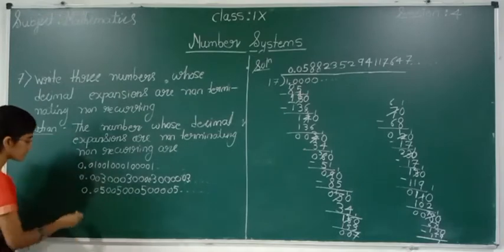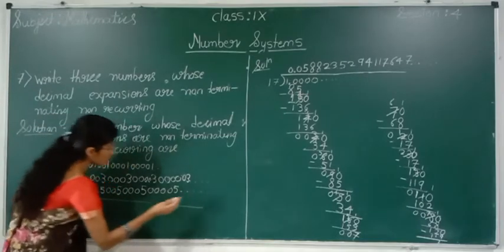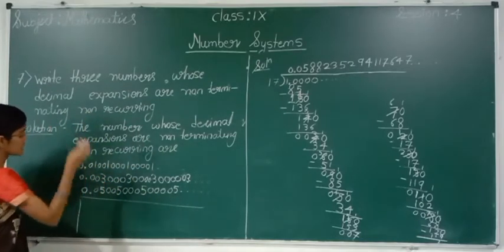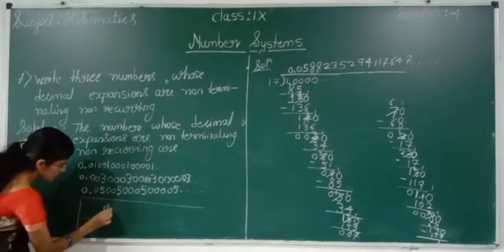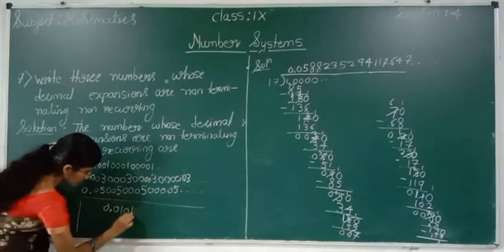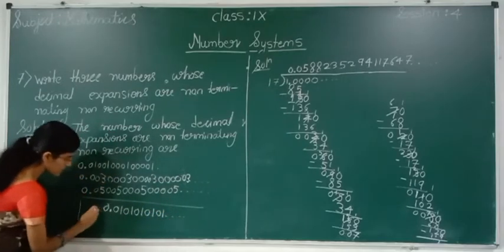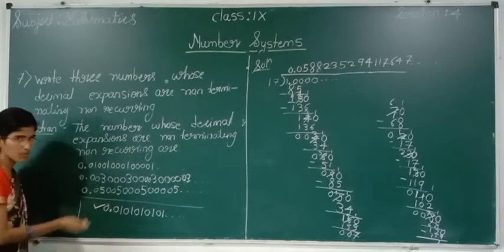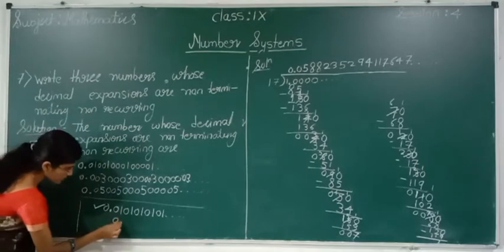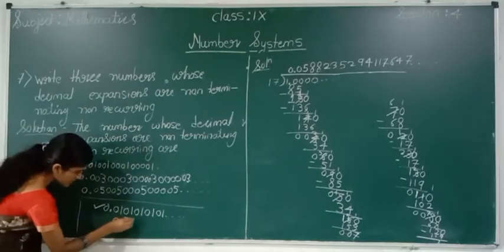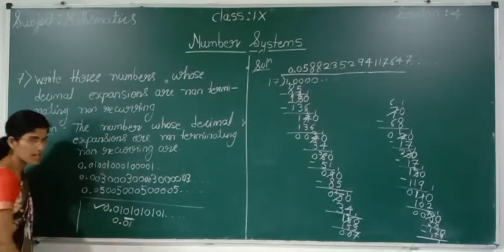Suppose I tell you, students, don't get confused here. Non-terminating recurring, see here, 0.01010101. This is a rational number because 01 is repeating again and again.